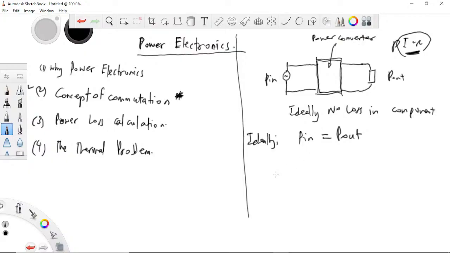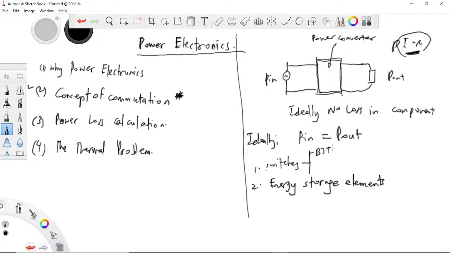A power converter is made up of switches and energy storage elements. So we are building up concepts. The power converter is made up of switches, all forms of switches that we know from linear electronics.